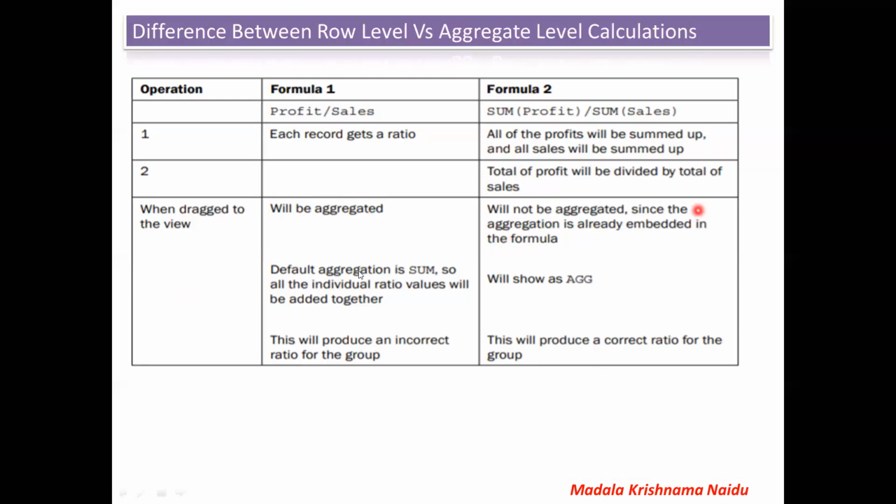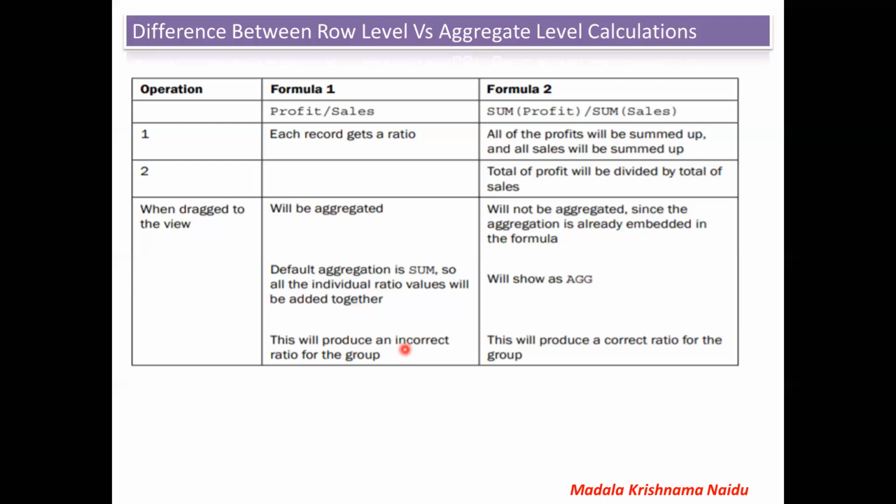So all the individual ratio values will be added together. Whenever you are dragging, the row level values are added together. That's why we are getting the sum of the two values in our example.